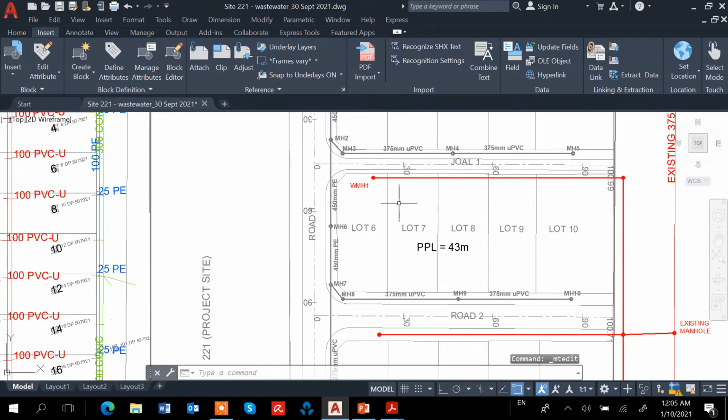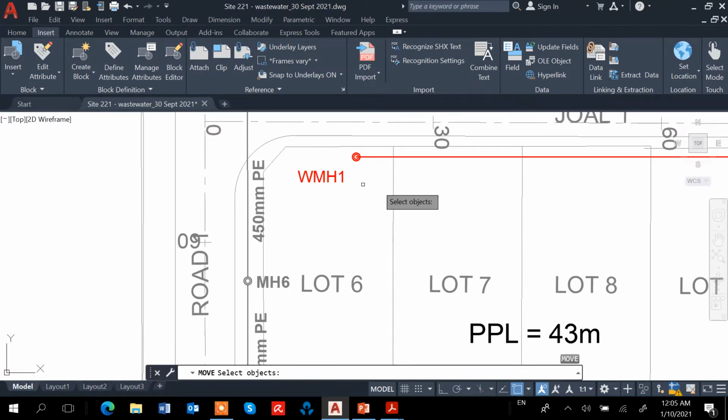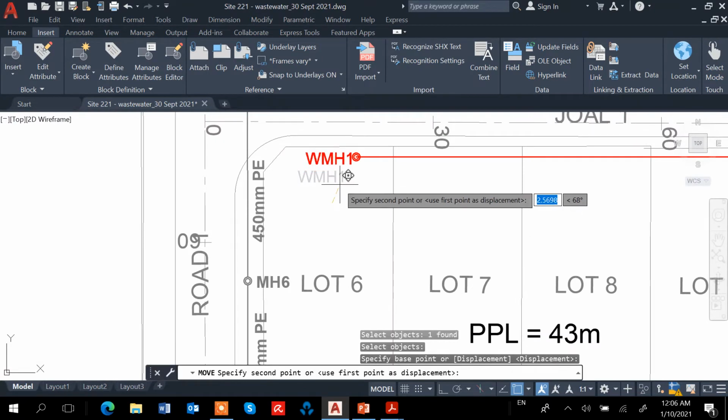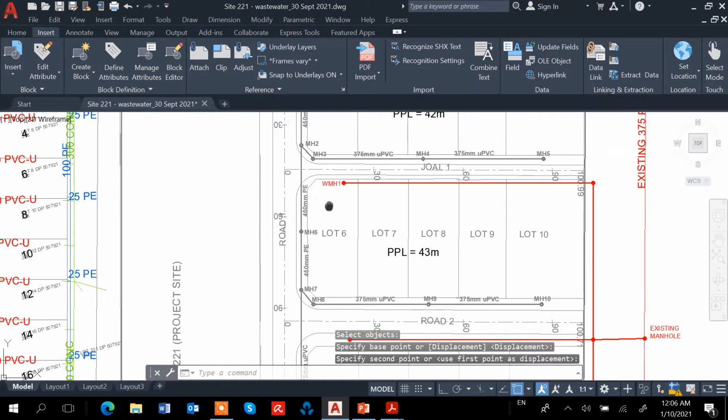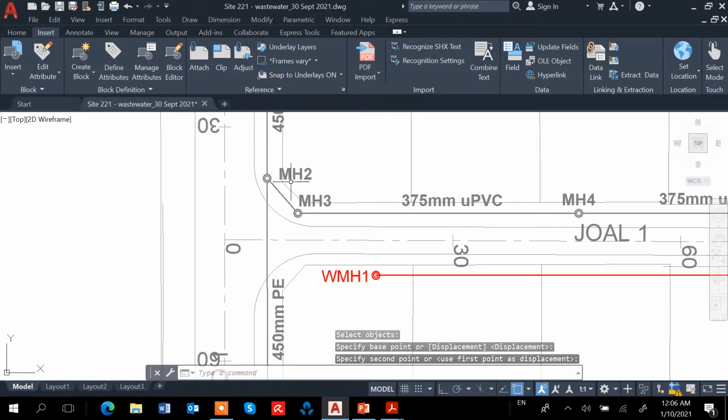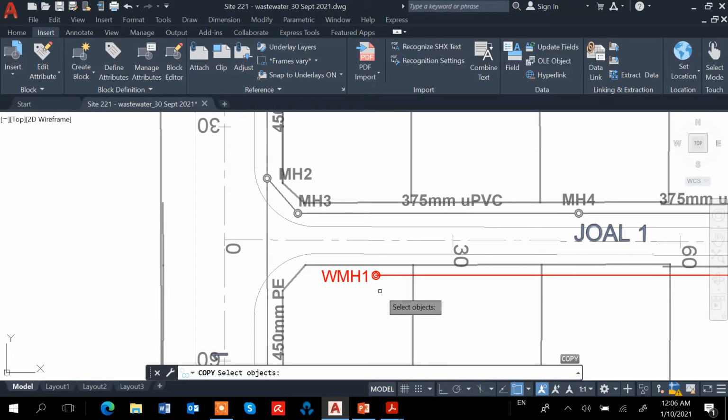Okay, I'm going to put it here. Because my stormwater is already MH, I need to differentiate it apart from the color: red for the sewer line, cyan or blue for the water reticulation. So to differentiate, I'm going to put wastewater MH1. Let's copy this.